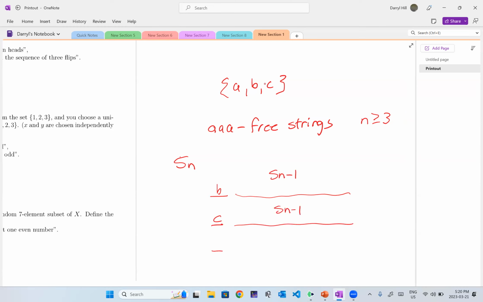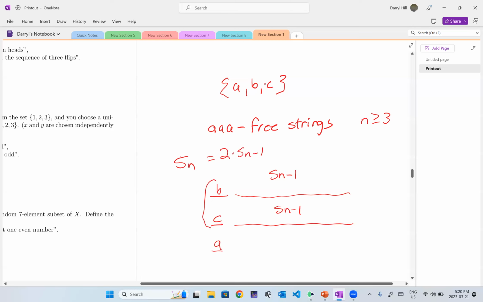Other than that, I can start with an A, but now I'm restricted. So we have 2 times S of n minus 1. So that accounts for these.